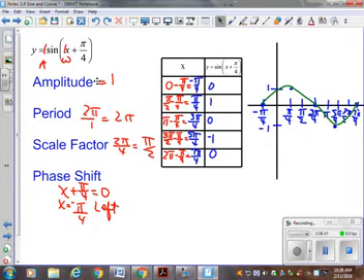It looks like I've stretched my graph out, but I haven't. I haven't stretched it out that much because the very next line after this is 2 pi. Everybody agree? So I haven't really stretched my graph out very much except that before, this line was my pi over 2 line, and this was pi, 3 pi over 2, and 2 pi was here.